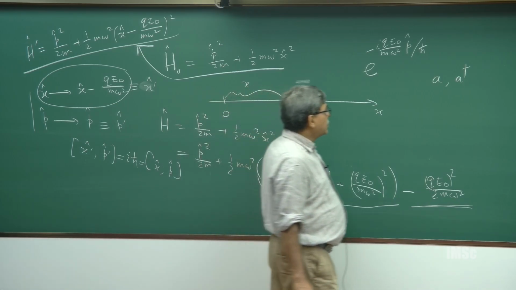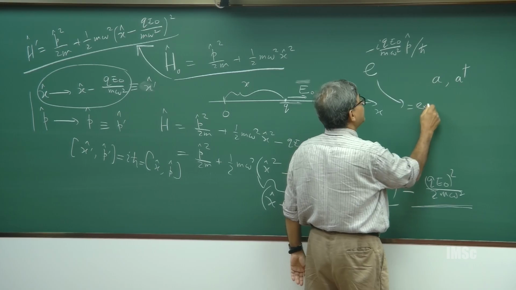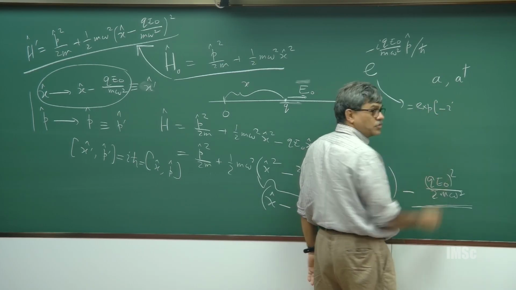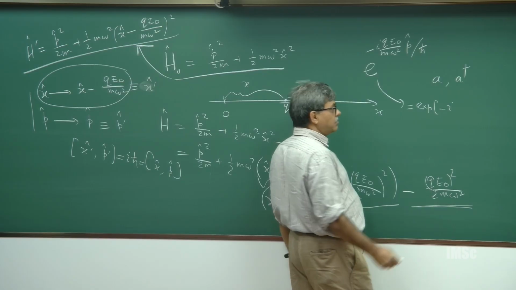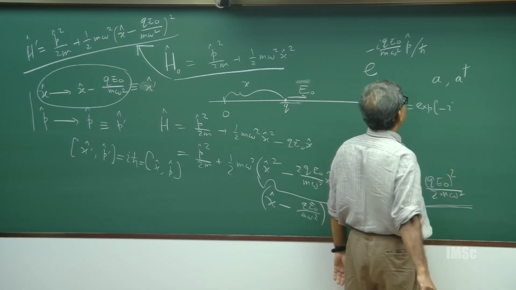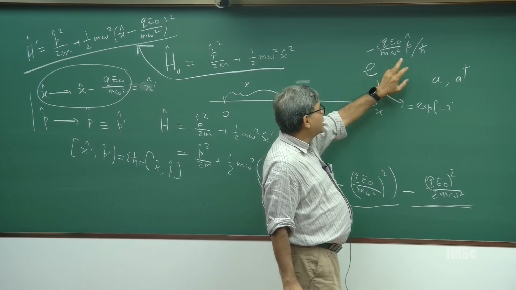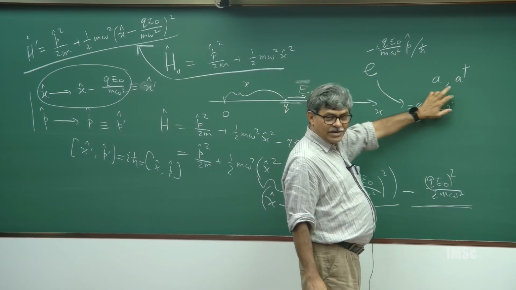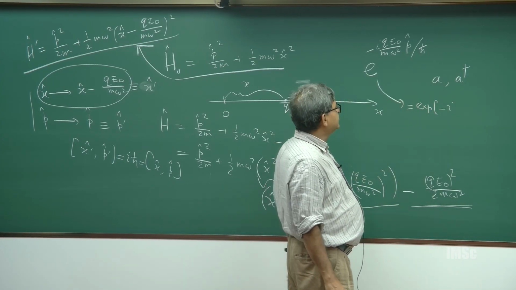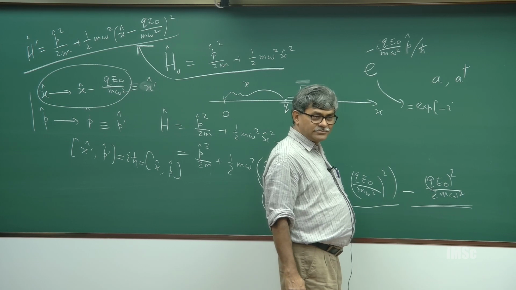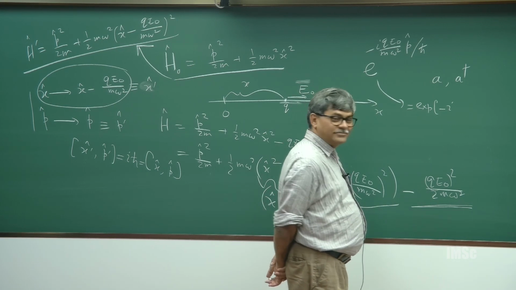So, therefore, you see that this operator is basically, so minus iota, okay. Then, can you tell me what will be the form of P in terms of A and A dagger? Minus I times A minus A dagger, that is some P, right? P is minus, right?